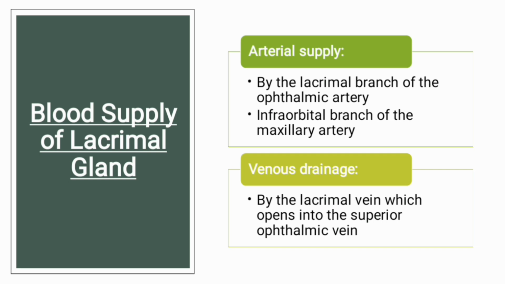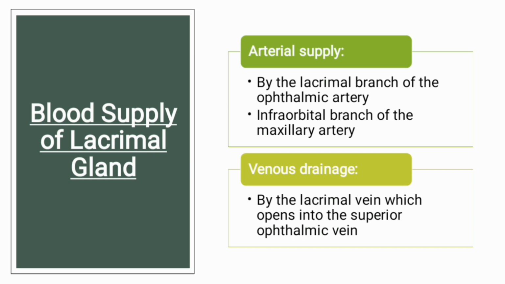These both arteries are further divided into some branches. The ophthalmic artery divides into the lacrimal artery, which is a branch, and it supplies to the lacrimal apparatus, while the maxillary artery divides into the branch that is the infraorbital branch and it then supplies to the lacrimal gland.